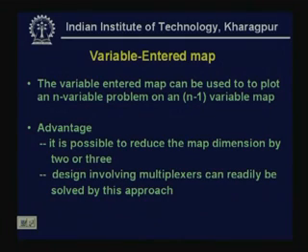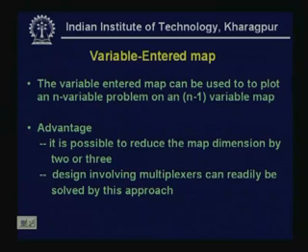See why another map, the variable entered map, normally called the V map, is needed. Normally the Carnot map we have read is very well suited for a 6 variable function. If it is more than 6 variables, then to draw that is cumbersome. So we need to automate the program.